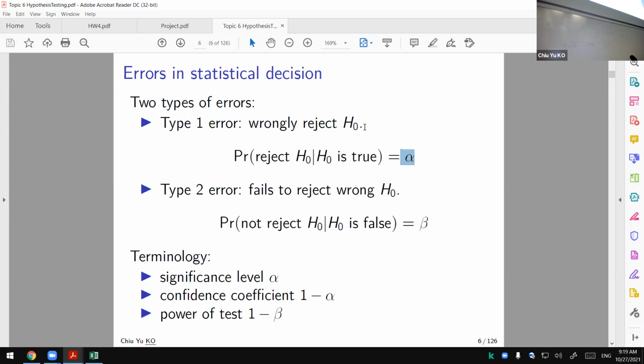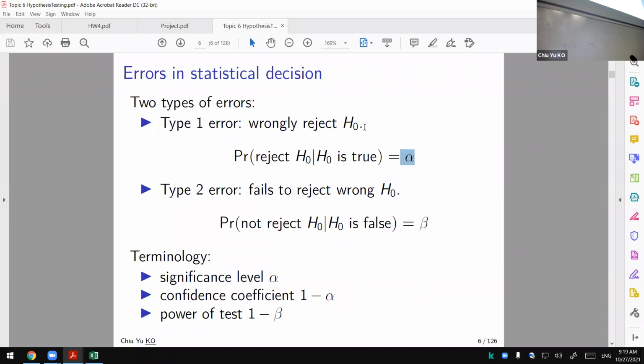Just to recap, alpha is the error where although the null is right, it is rejected by chance. This alpha we can usually control directly, and this is called type 1 error. The type 2 error is when the null is wrong, it's not actually 5.